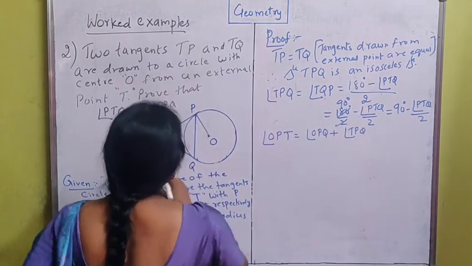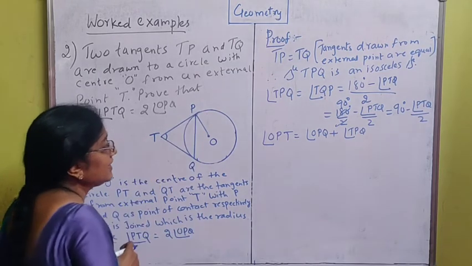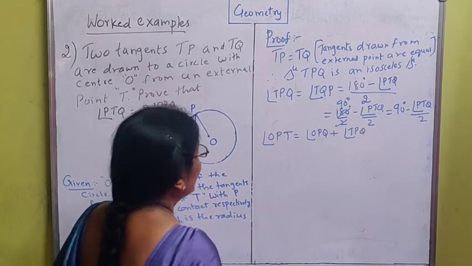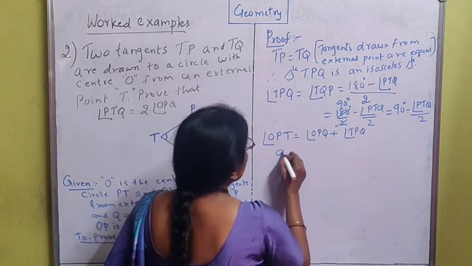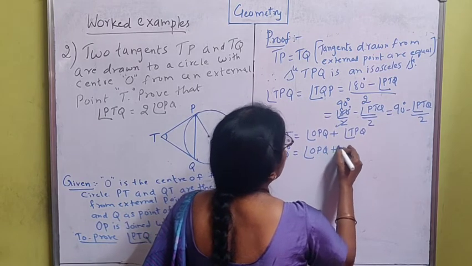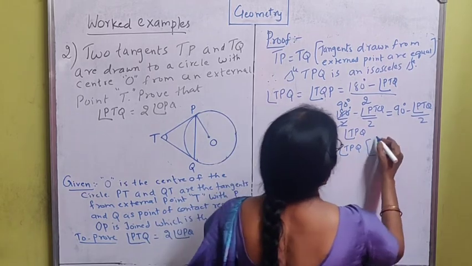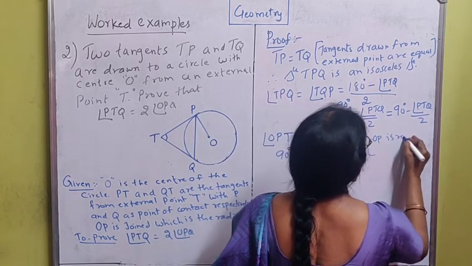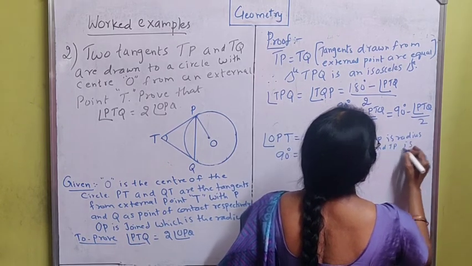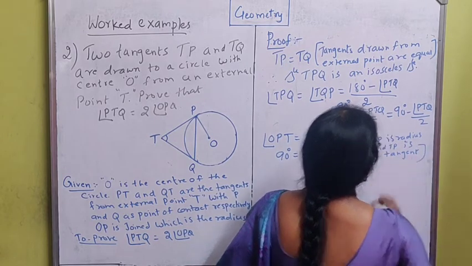Now how much is angle OPT? OP is the radius and PT is a tangent. So theorem 4.1. So how much is angle OPT? 90 degrees. So 90 degrees is equal to angle OPQ plus angle TPQ. Why? Because OP is the radius and TP is the tangent. So using the theorem, you got it.